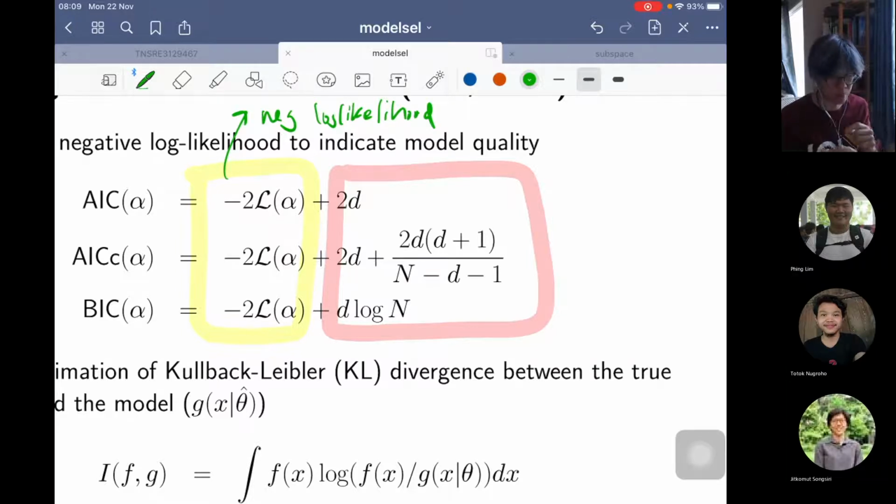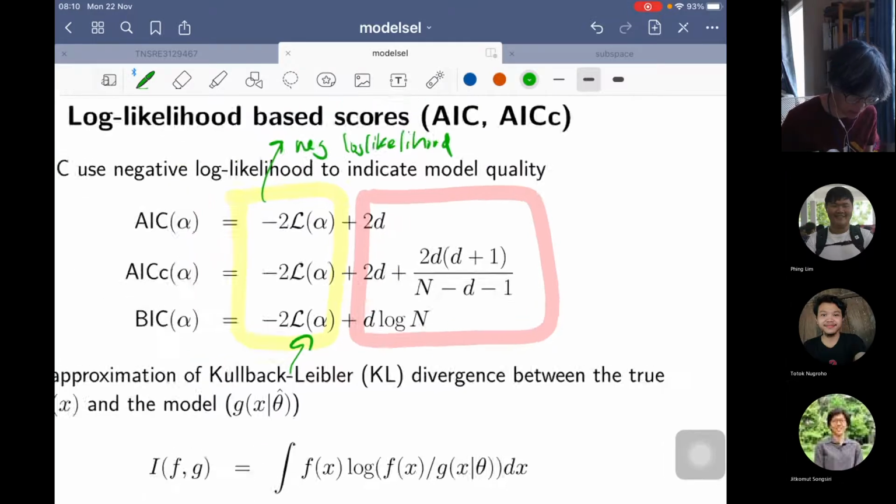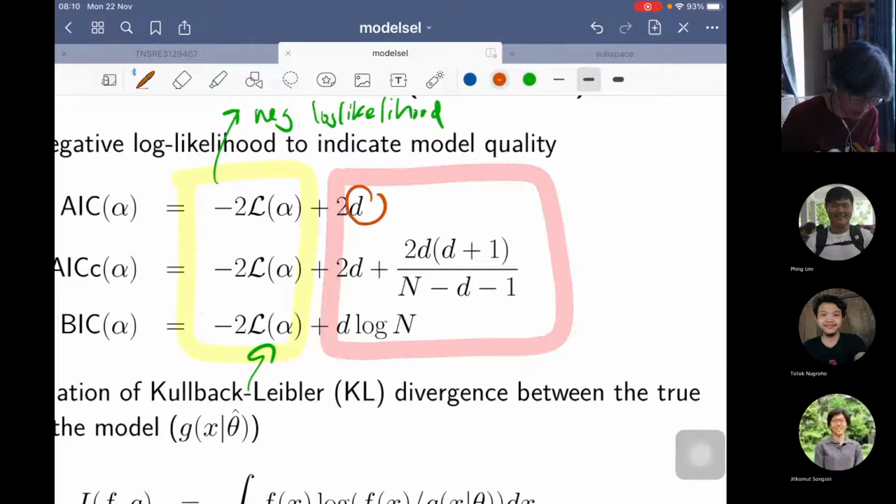Whatever your model, if there is some random entity, typically a noise term, you need to have some assumption about the noise distribution in order to derive the log likelihood function. The second part of this score accounts for model complexity. Let me recall again: the term that represents model complexity is D, the effective number of parameters.